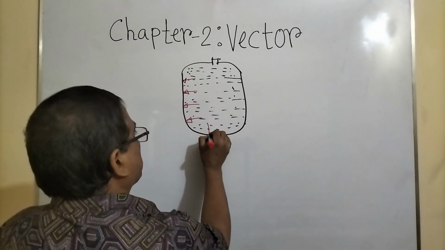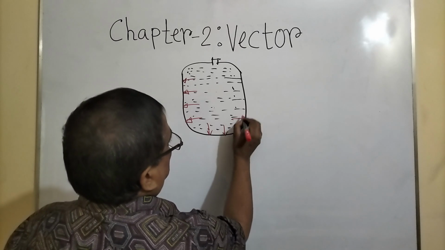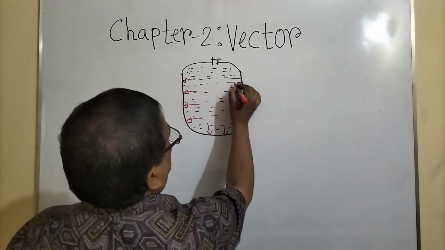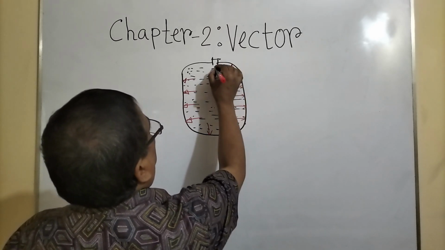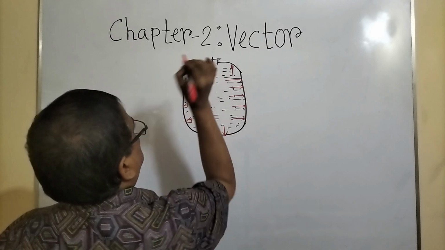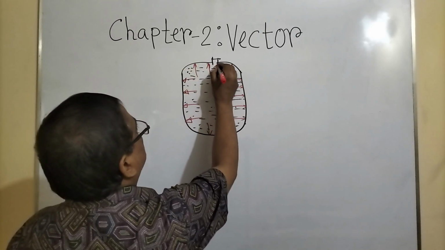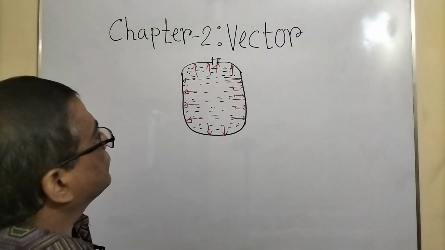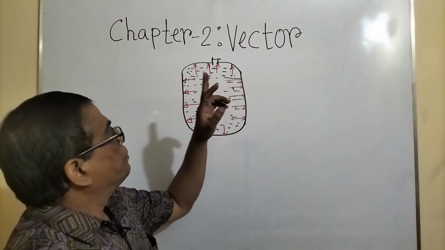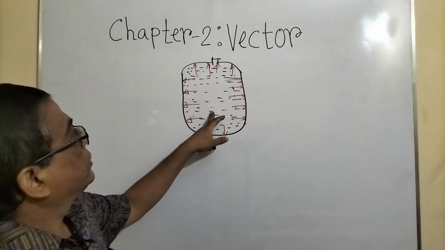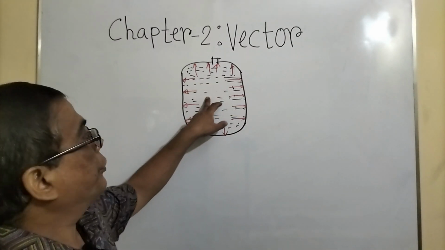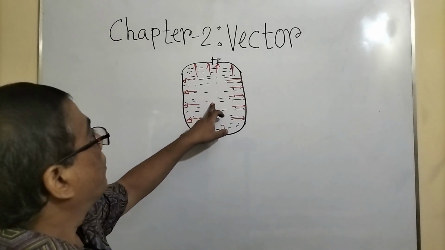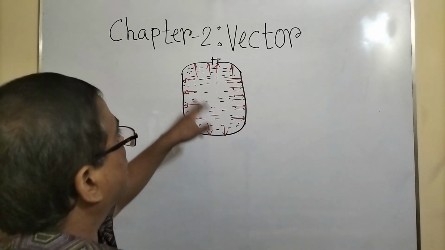In the gas cylinder, the pressure has only one magnitude, but the directions are different.